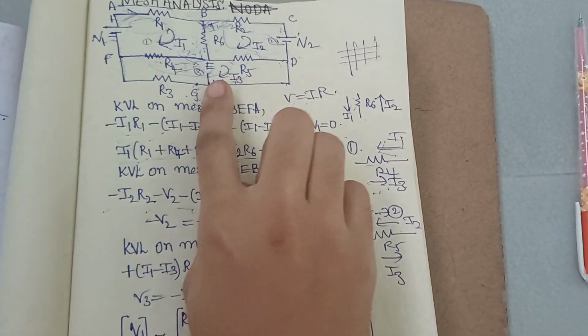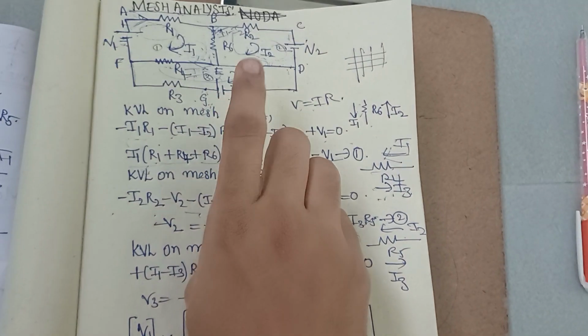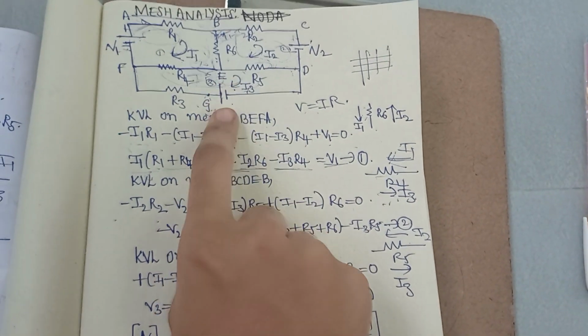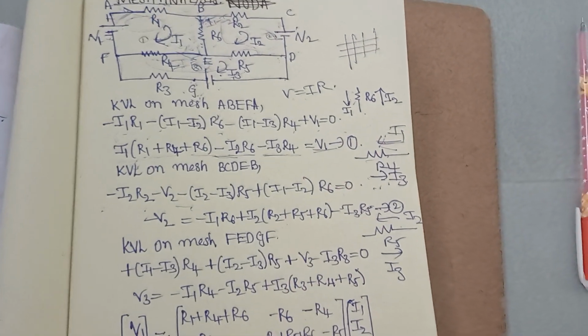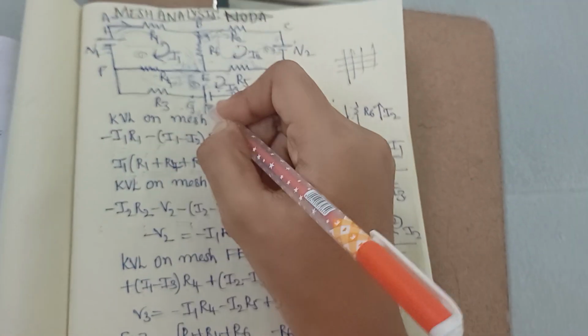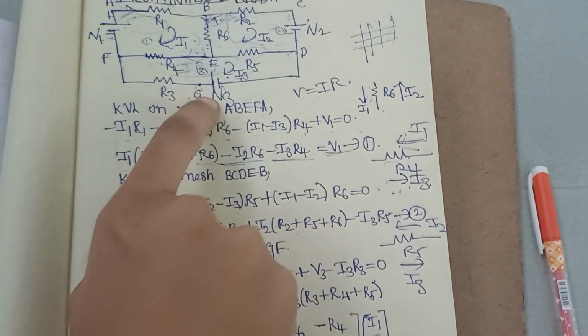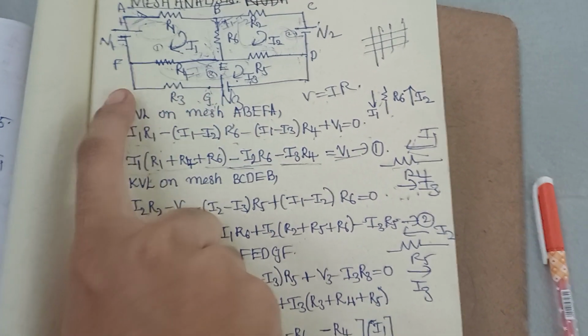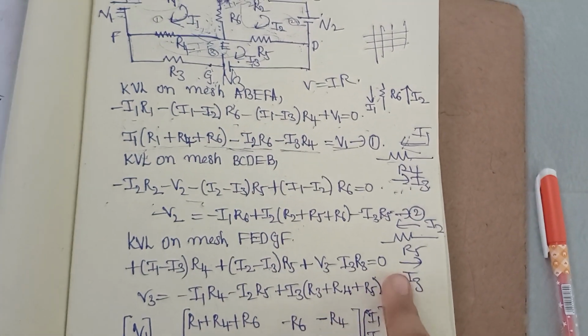And again since we are moving in this way, from negative to positive, it is again positive. So plus V3. Oh, I forgot to write this V3. This is your V3. And since we are moving like this and the current direction is from positive to negative, it will be minus I3 into R3, which is equal to 0.